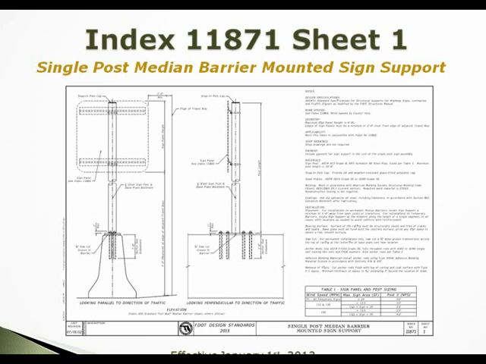Right now, we've set up with traffic ops and several people to determine what these critical signs might be. And if you in the district find that you have a need for what you feel is a critical sign that should be placed in the median and want it added to the list, contact me and we'll have to go through the PPM and change the list of critical signs that we are allowing.